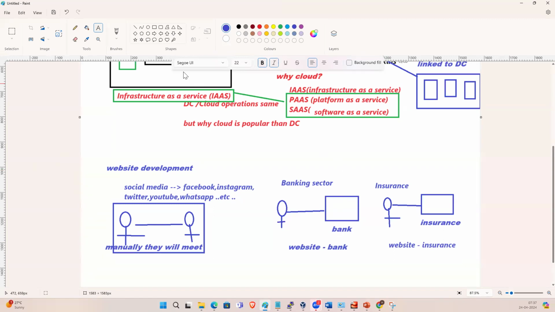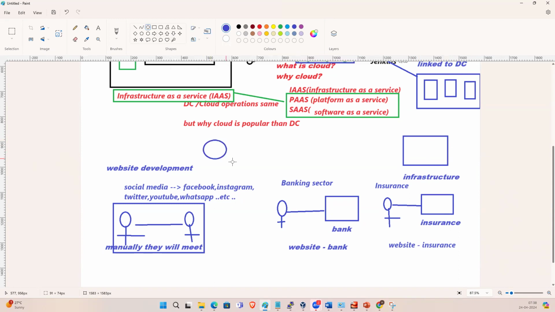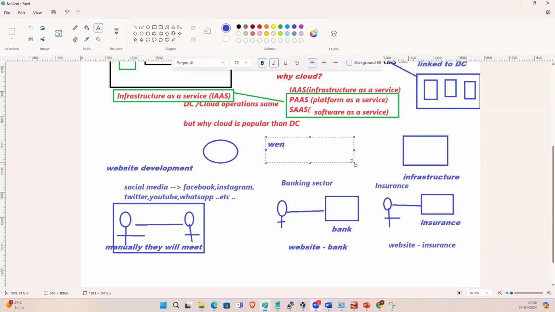So Amazon thought, what is this, guys? This is a DC, providing infrastructure as a service. One of the companies, Amazon, had an innovation thought: is there any possibility to create a website for the infrastructure also?